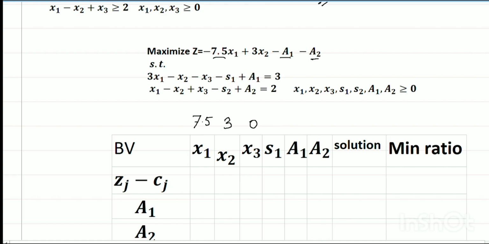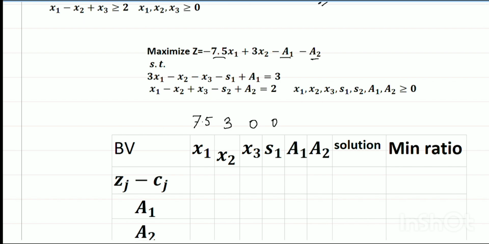Here we need s1 and s2. So no problem. Here s1 is 0, okay, s1 is 0.